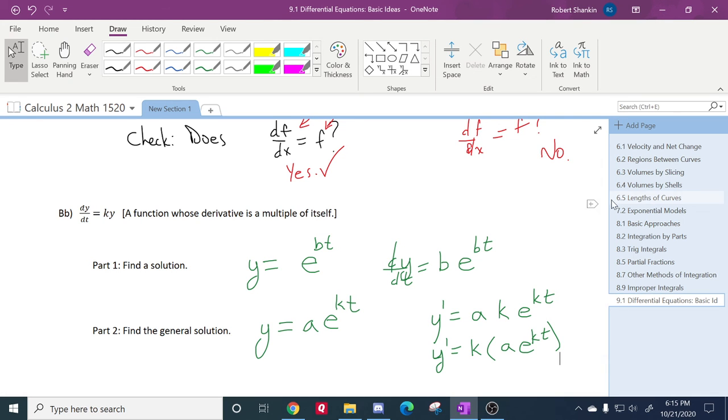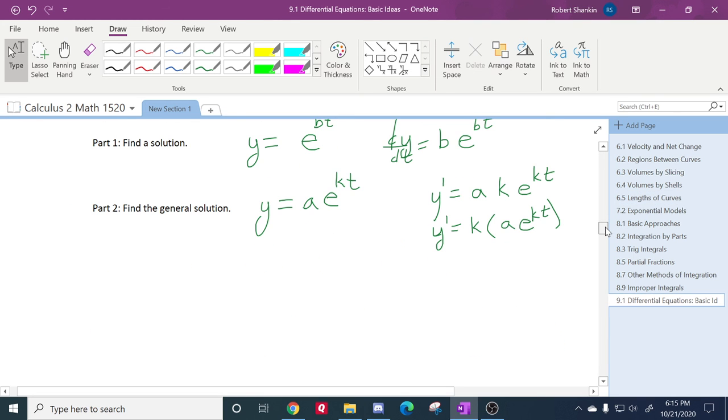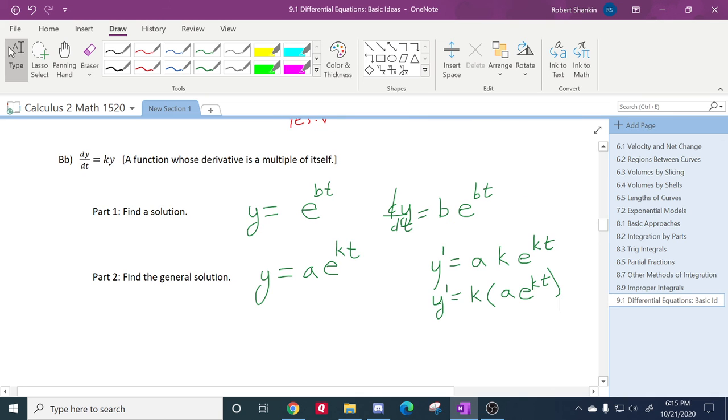Now it's really clear that this part is y. So now you're getting y prime is k times y. This is the general solution of this differential equation.